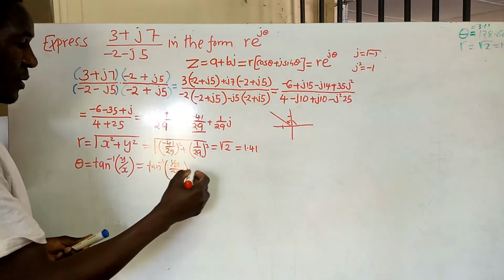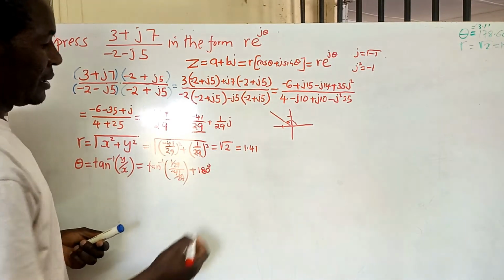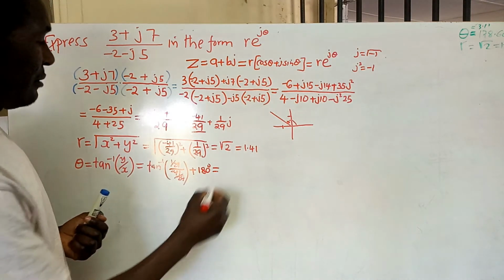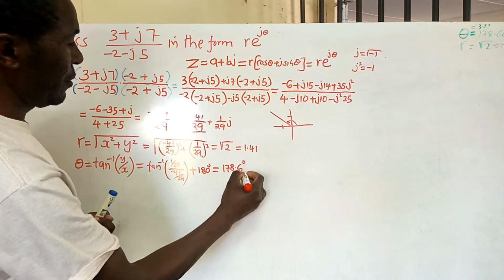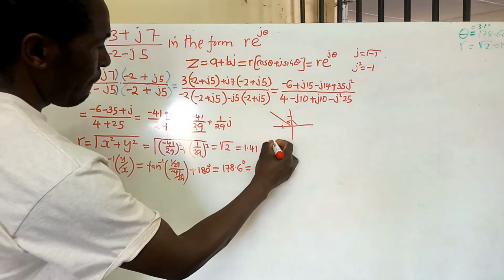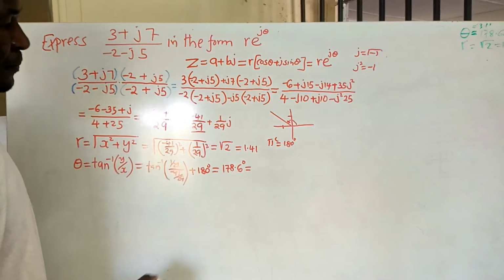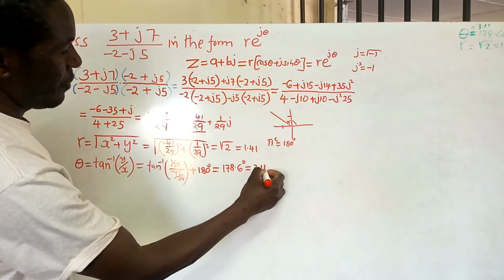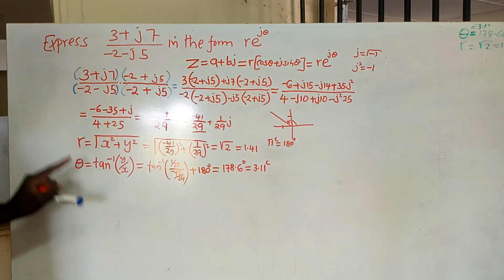In that case, we are going to take that value, then we add 180 degrees or pi. And when you work it out, you'll get 178.6 degrees. When you convert that one into radians, remember pi radians is 180 degrees, right? So when you convert it, what do you get? 3.11 radians.